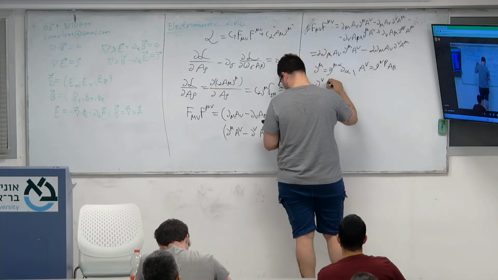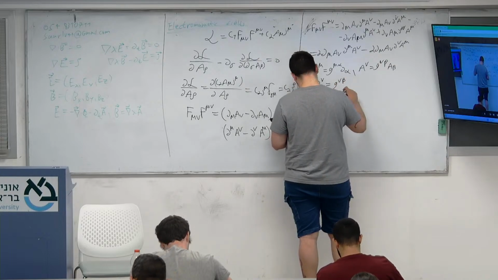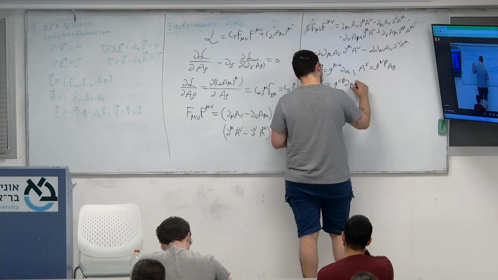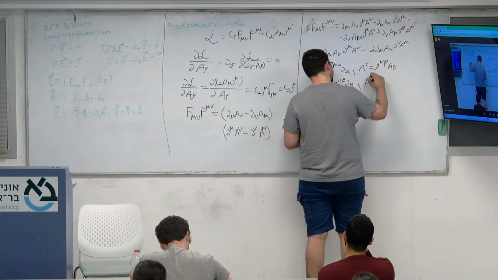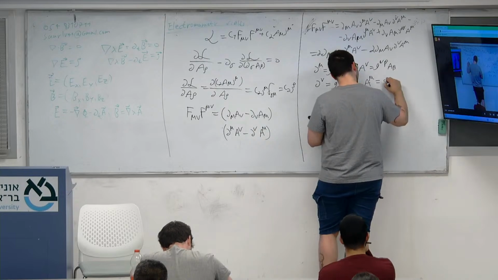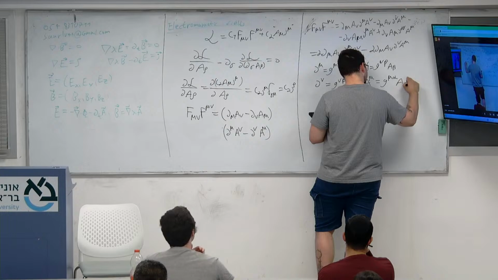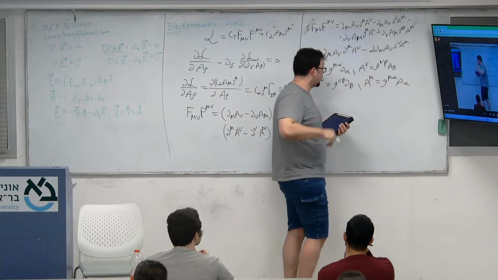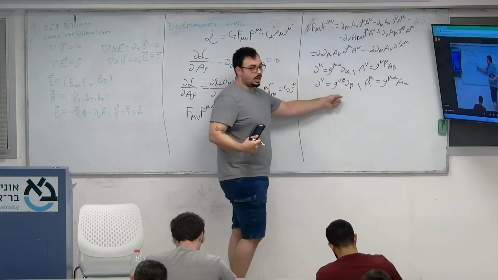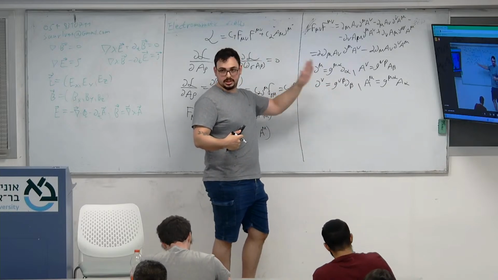In addition, I know that G is a diagonal matrix, so I can take it to the outside.